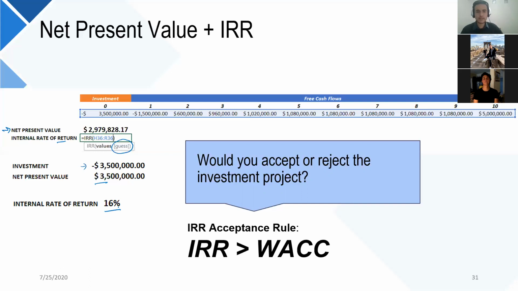Well, the acceptance rule here is if the internal rate of return is greater than the WACC, the weighted average cost of capital, then we accept the project. In this case, we know that the WACC is 7.25%, and indeed 16% is greater than 7.25, so we will accept this project. Pretty straightforward, actually really easy.